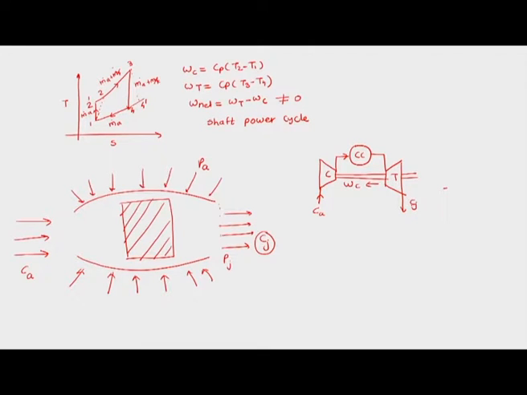Obviously, an actual power plant would have many more components than this. It would have multiple compressors, it would have an intake, and after the turbine there are multiple stages of the turbine, and there might be an afterburner, but at gross level it would be like Ca here and Cj here.